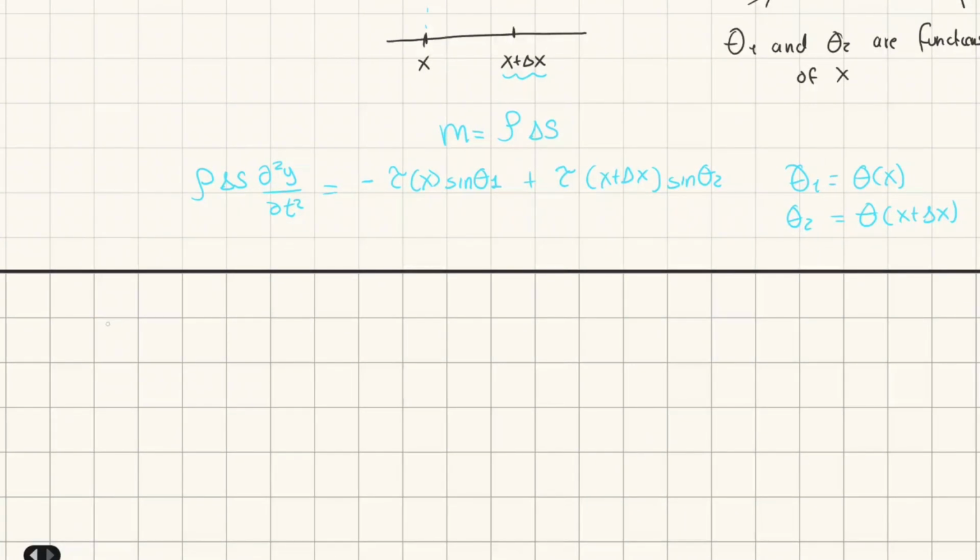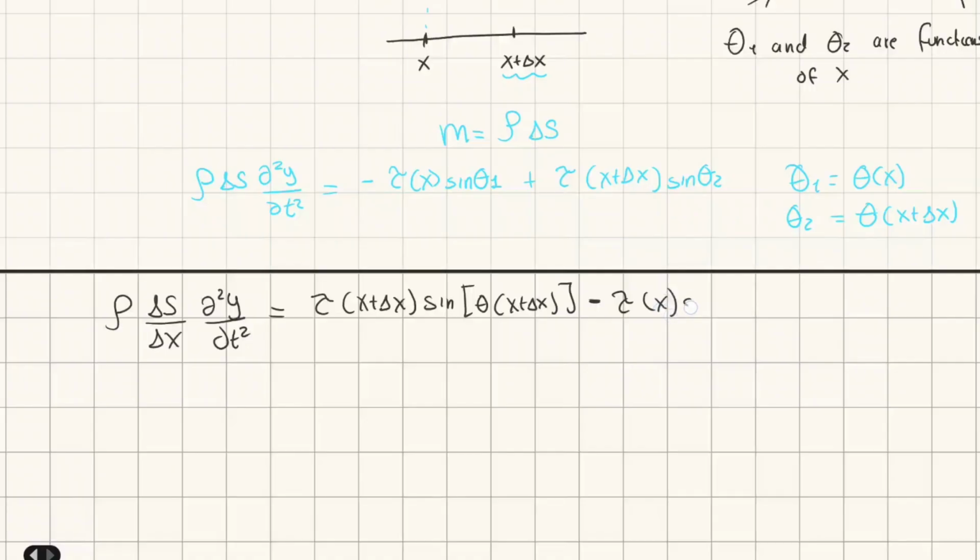Okay, perfect. We are going to rewrite this equation in the next way. We are going to say that rho delta s divided by delta x times the second derivative of y with respect to time is equal to tau of x plus delta x sine of theta of x plus delta x, minus tau of x sine of theta of x.